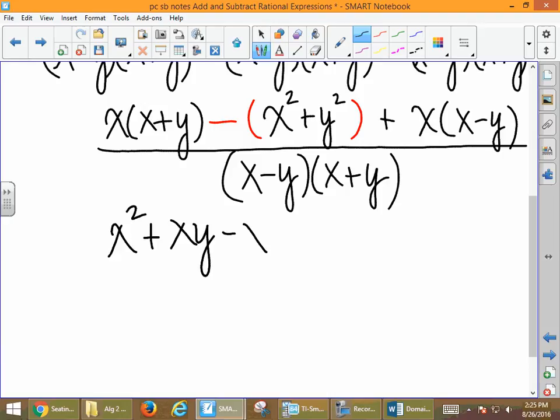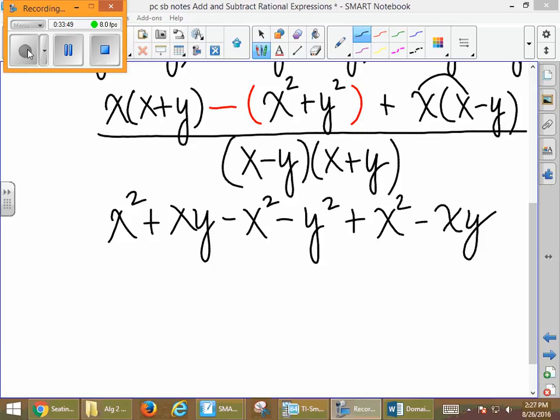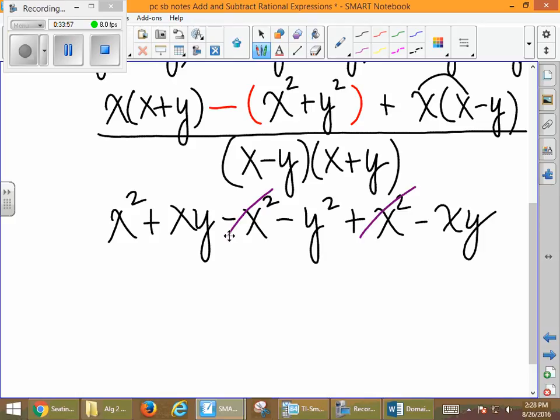This is minus x squared, which people don't miss, but it's also minus y squared. And then distributing here, we get plus x squared. If you combine like terms, in our numerator here, we've got a negative x squared and a positive x squared. So we still have one of the x squareds left. We've got a positive xy and a negative xy. They cancel out. But then we have minus y squared.